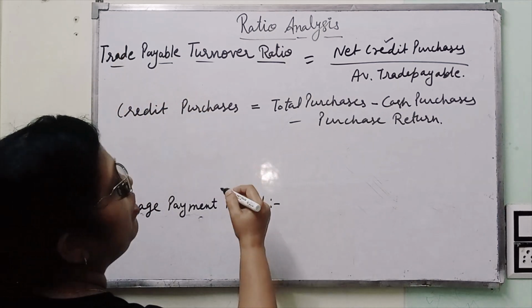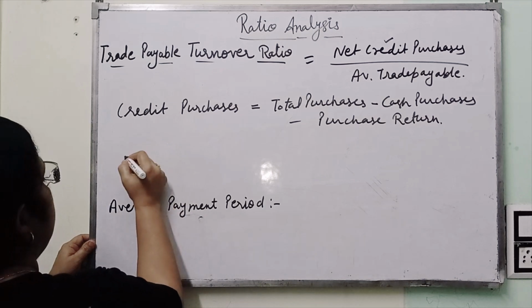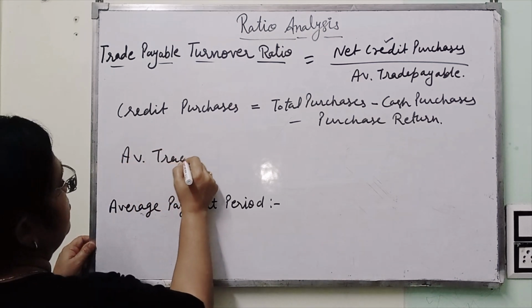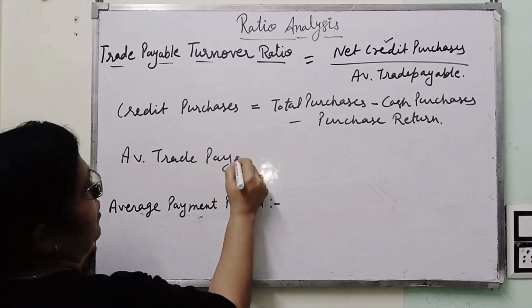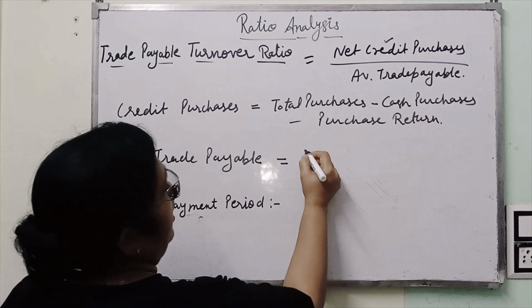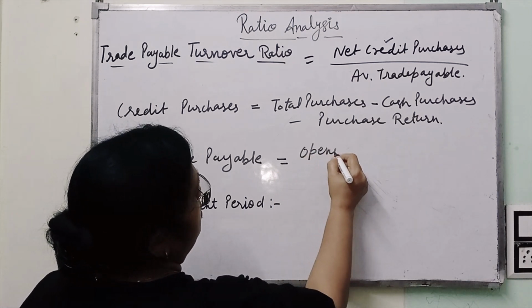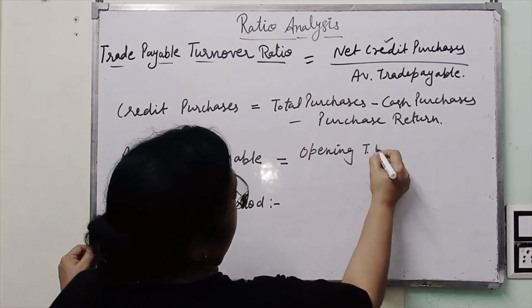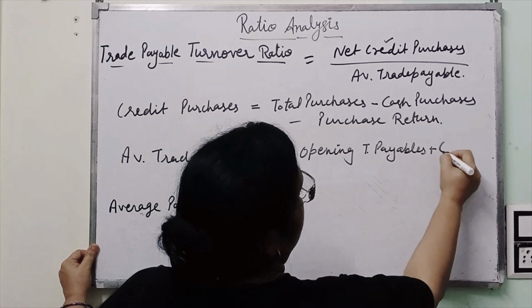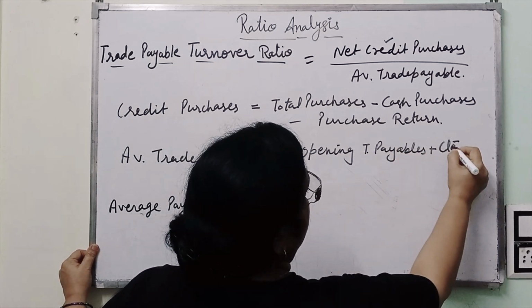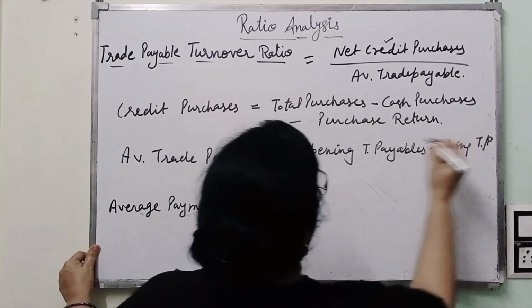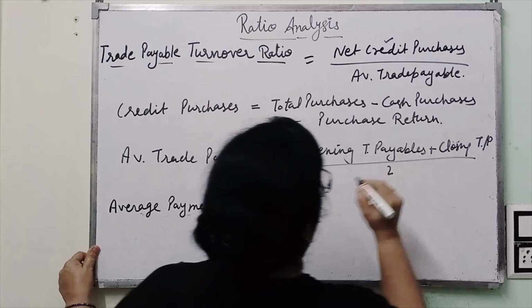And how can we calculate average trade payables? Average trade payables can be calculated with the help of opening trade payables plus closing trade payables divided by 2.